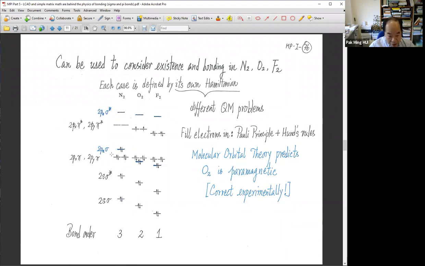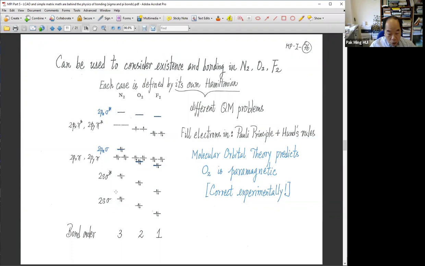And then we have the 6 states from the 2p. Notice that it is a quantum mechanical calculation result. Each molecule is a separate problem. Thereby, you even see that the lineup, the alignment of the energies, is different from N2 to O2 to F2. You do not have a one-size-fits-all spectrum, okay?